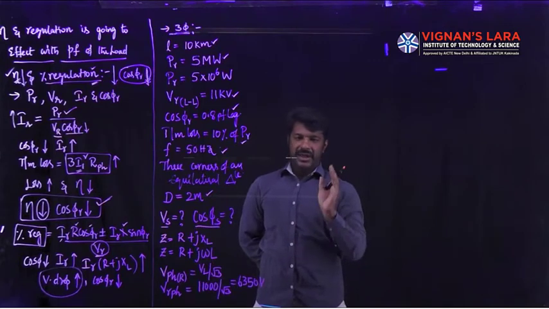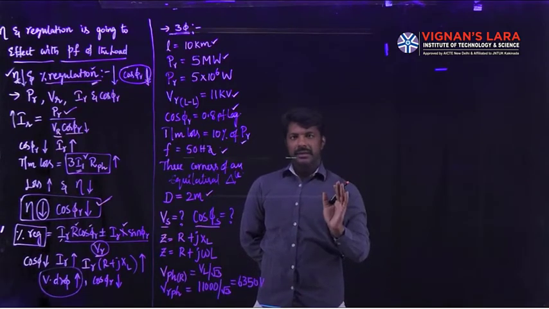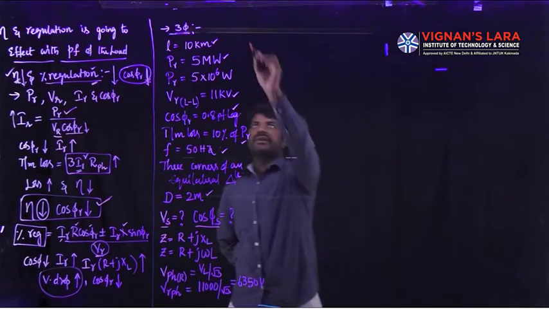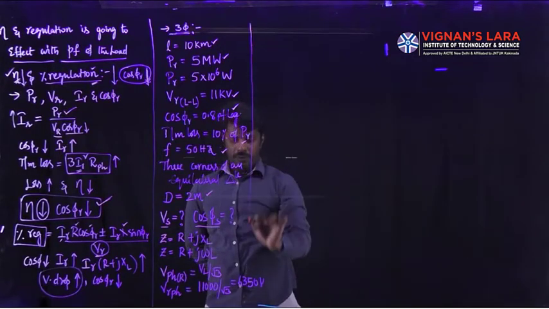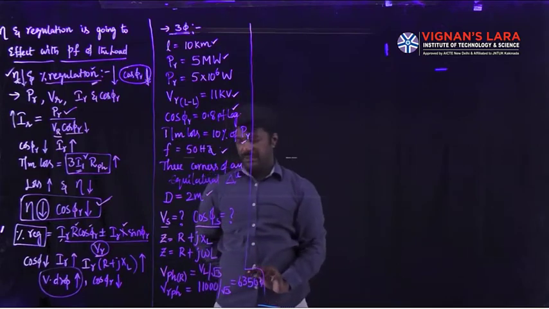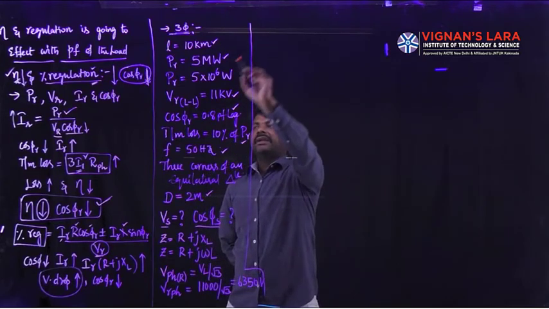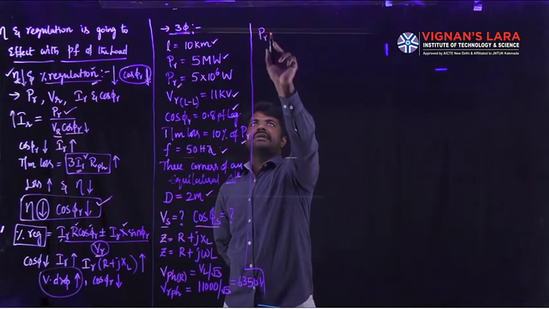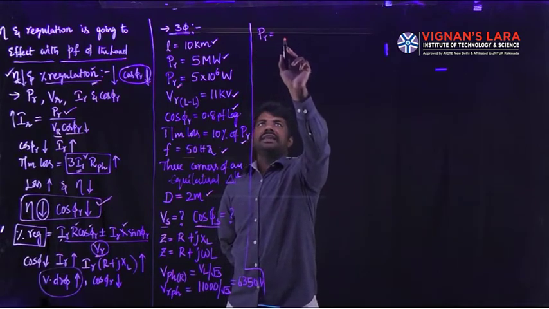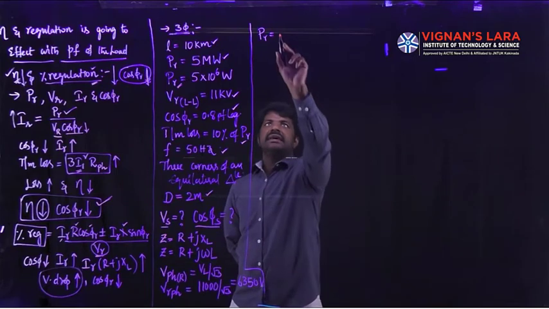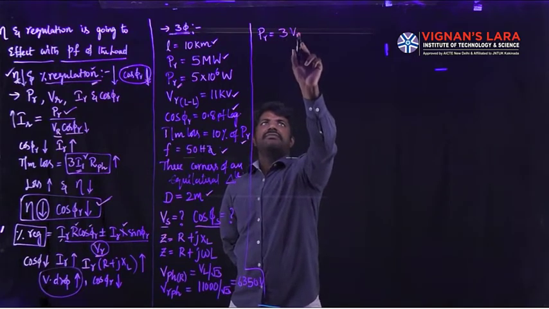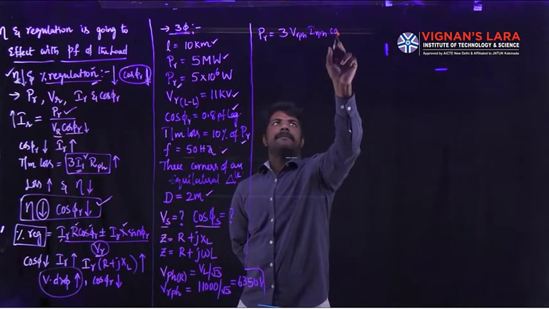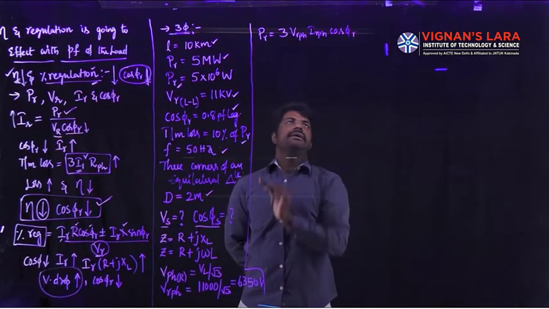This much amount of voltage is available per phase. So first of all, we have to convert all the voltage and current quantities into per phase. After getting this, we know that the current is obtained from the power value. The power PR is equal to root 3 VL IL cos phi, otherwise 3 VR phase IR phase cos phi R. This is the formula for the power.